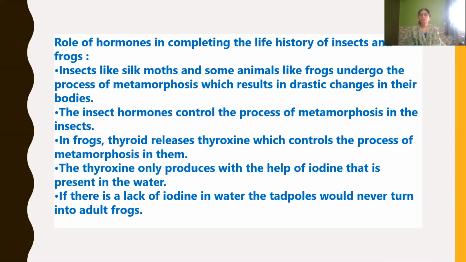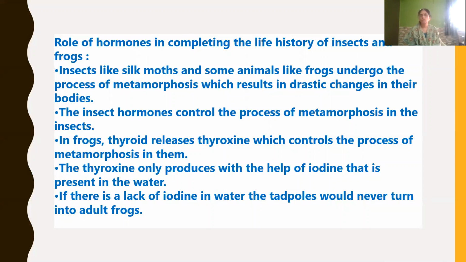What is metamorphosis? It is a process which results in a drastic change in their body, isn't it? The insect hormones control the process of metamorphosis in insects. In the same way, in the frog, the thyroid releases thyroxine, which controls metamorphosis in frogs. And the frog produces thyroxine with the help of iodine that is present in water.